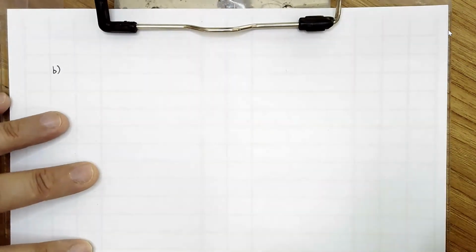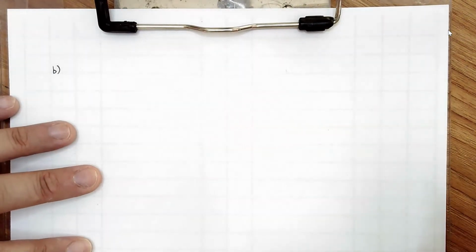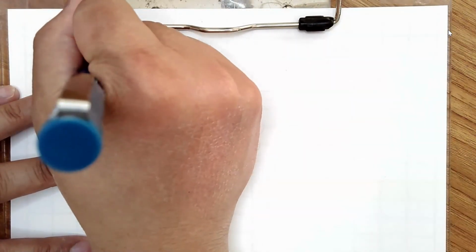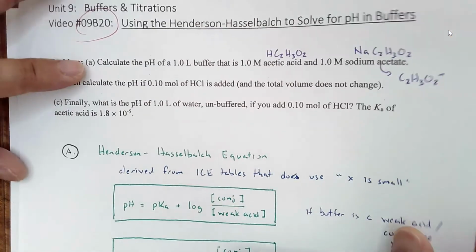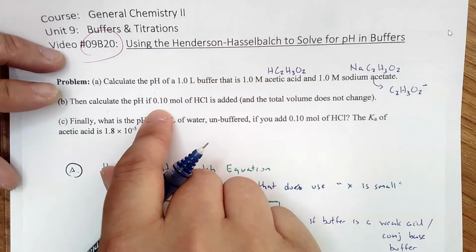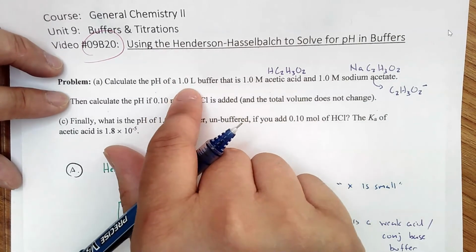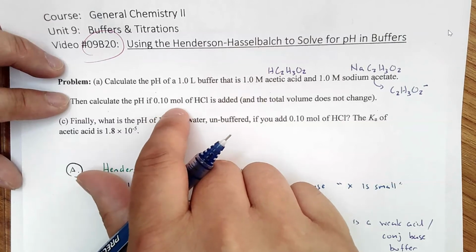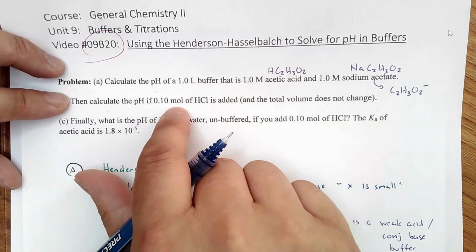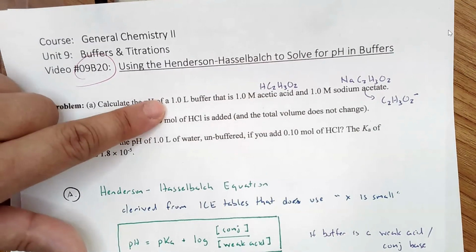Let's see. Well, we have HCl. How much HCl? 0.10 mole, but we're going to put it into 1 liter, and they said the volume doesn't change. So the molarity of HCl is 0.10 molar, because you divide moles by liters, and that's the same number.